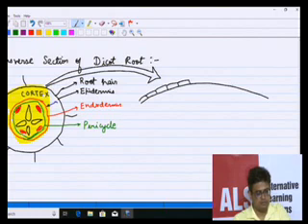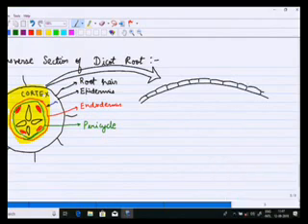This is the epidermis. And in the epidermis, some cells are modified into root hair cells, like this.